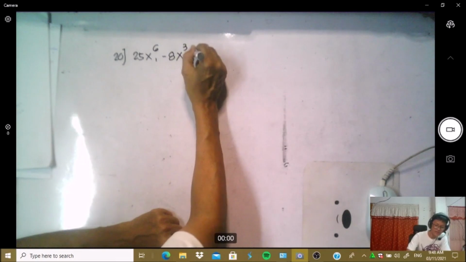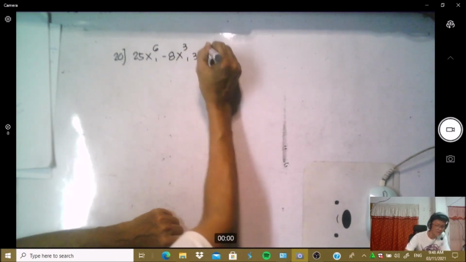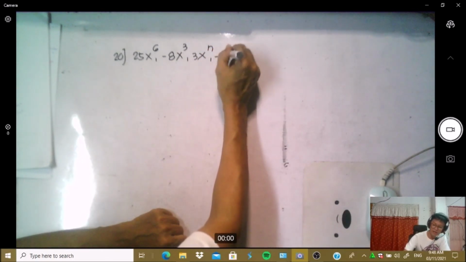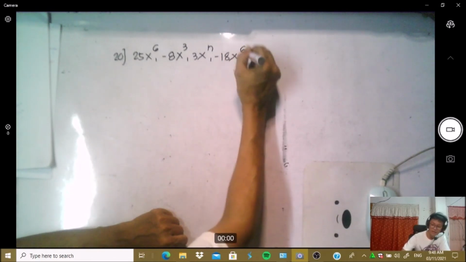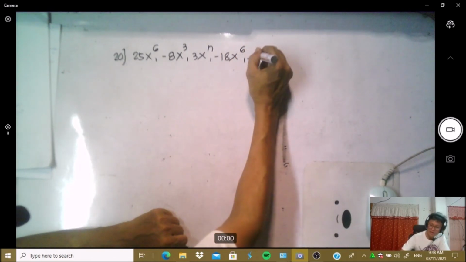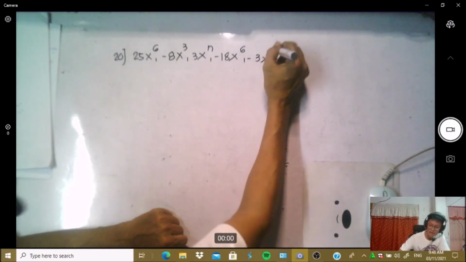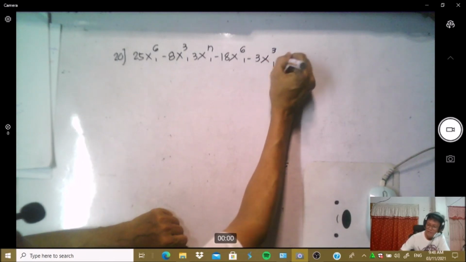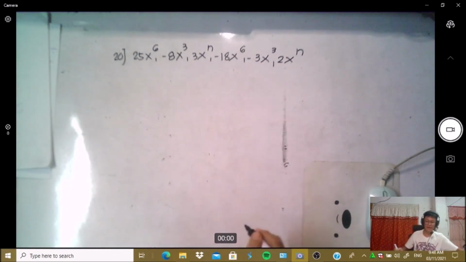We have 3x raised to n, negative 18x raised to 6, negative 3x cubed, and we have 2x raised to n.